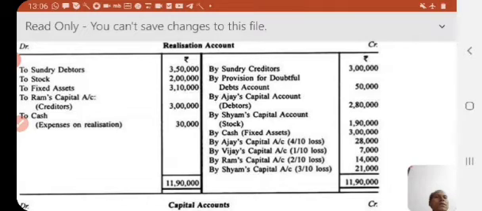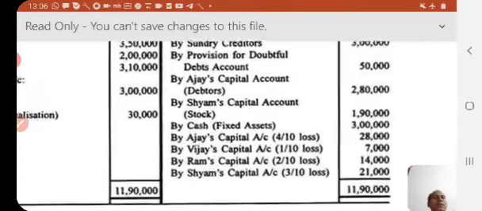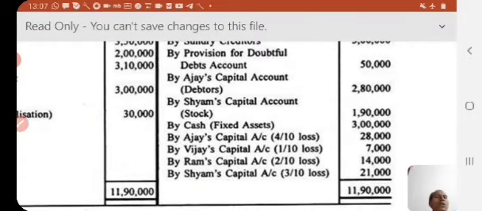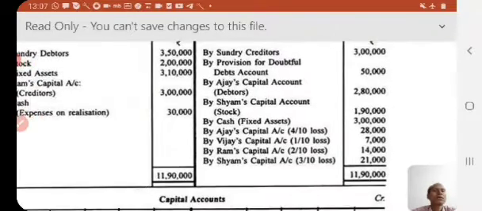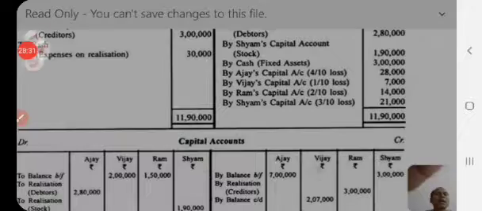Ajay 28,000 and next Vijay 7,000. Again Ram 14,000 and Sham 21,000. So if total is 70,000, loss is incurred. That loss is distributed among the partners. Yes, shall move to the capital accounts.